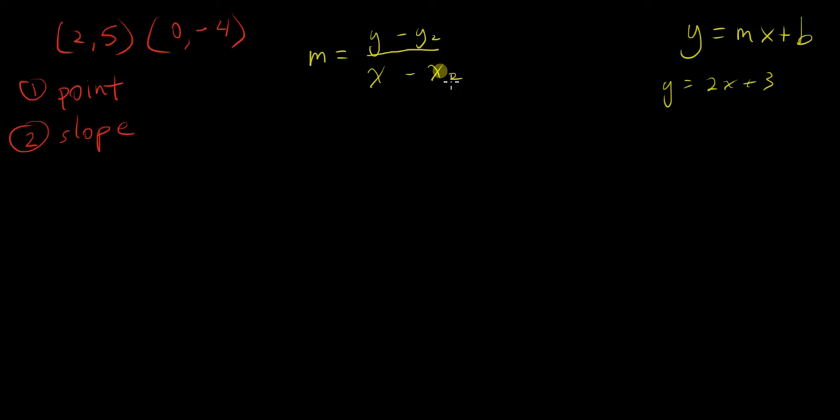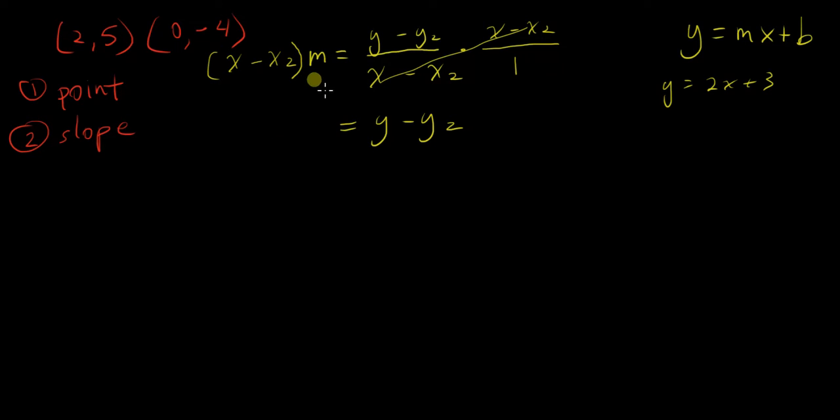So the first thing I'm going to do is multiply both sides by this denominator, which means I have to multiply this side too. I can always multiply both sides by anything I want. And this cancels and it just leaves y minus y2. That 2 doesn't really matter. It's just generic y minus a specific y.